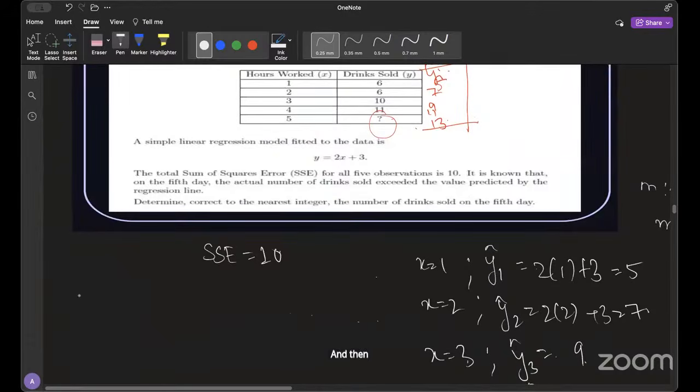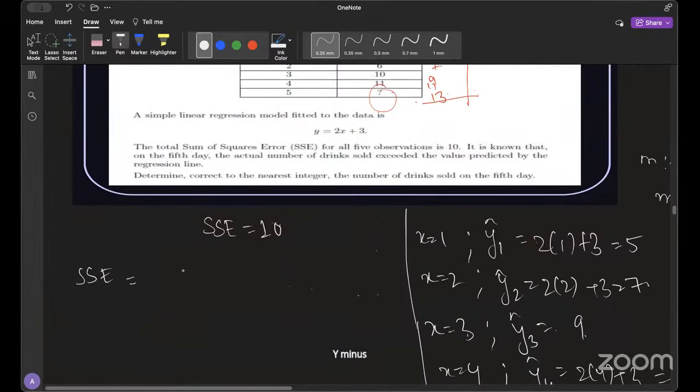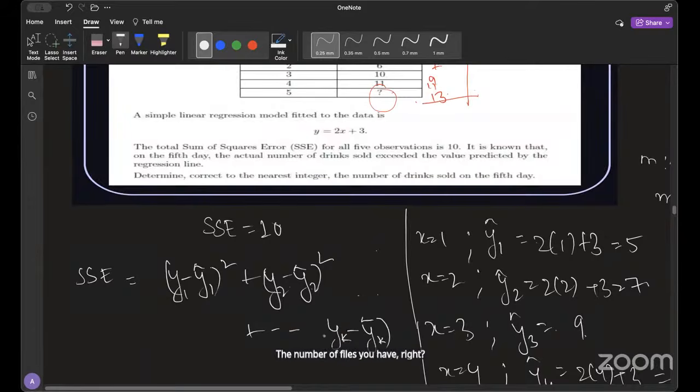And then your formula for SSE is y1 minus y1 cap squared plus y2 minus y2 cap squared, and so on, for the number of observations that you have. That is your sum of squared errors, right?